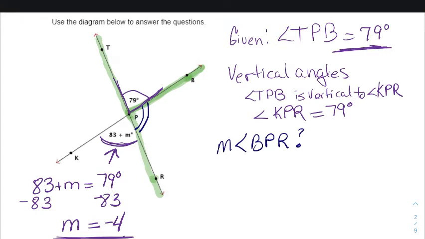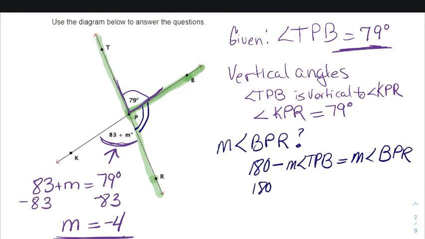Okay, so that would mean that if they are a linear pair, then we would just take 180, subtract the measure of the angle TPB to give us the measurement of the angle BPR.